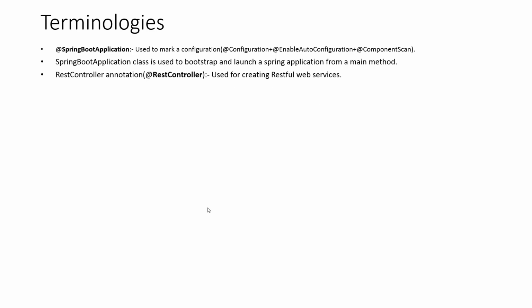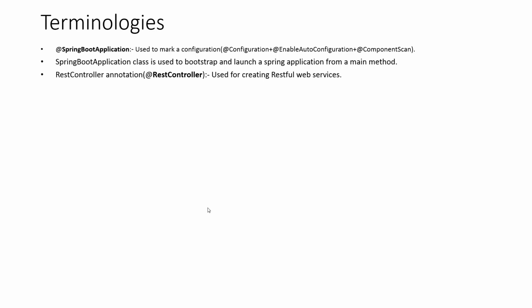The next thing that I want us to talk about is the REST controller annotation. The main function of this annotation is that it's used for creating RESTful web services.